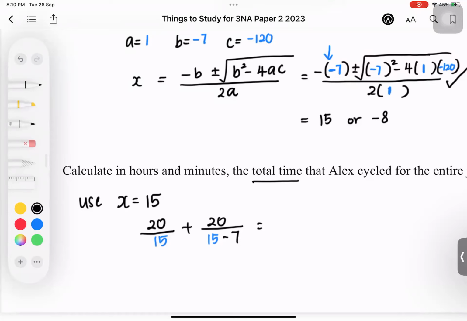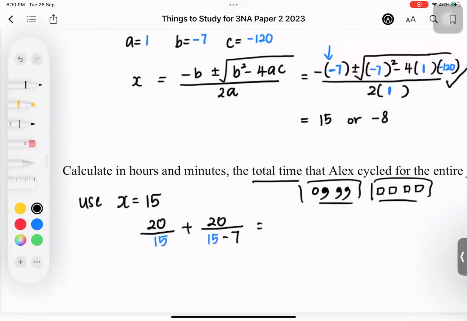Now I need to teach you to remember to use this button. Do you all see you all have this button or not? Some of yours is, I don't know how to draw this, some of yours is square, is it? Okay, this one is the time button. You all press 20 over 15 plus 20 over 15 minus 7 in the number.